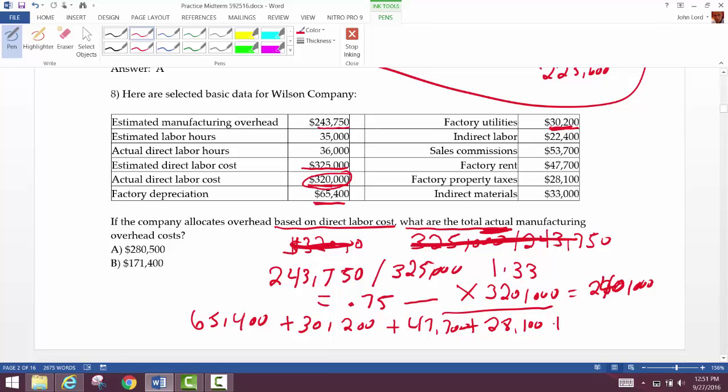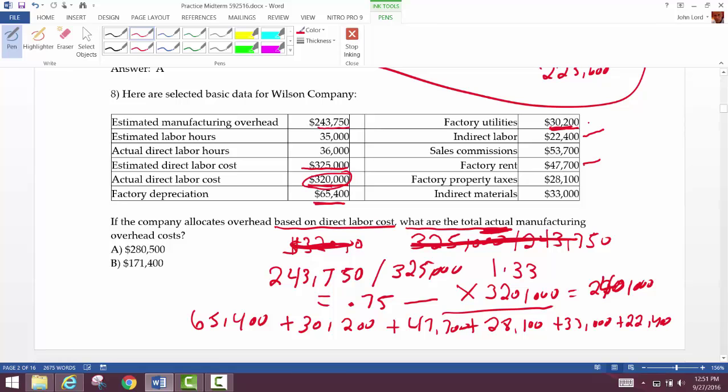Indirect materials, 33,000. Good. Anything else? We got the rent. I thought I got the indirect labor already. I didn't. Indirect labor of 22,400.